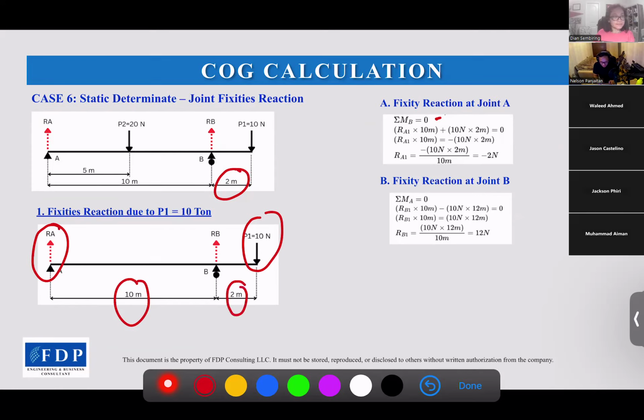The RA1 times 10 meters plus, why is this plus? Because it has the same direction as the RA.